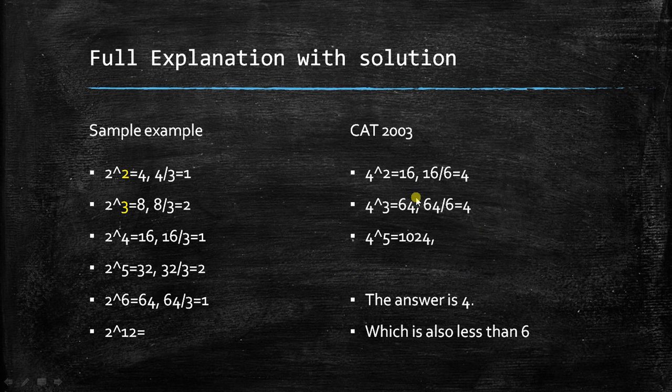So here we check 4 raised to the power 2, it gives 16. What is the remainder? 4. 4 raised to the power 3 gives 64. Again the remainder is 4. So this means no matter what the power is, in all cases the remainder is 4.